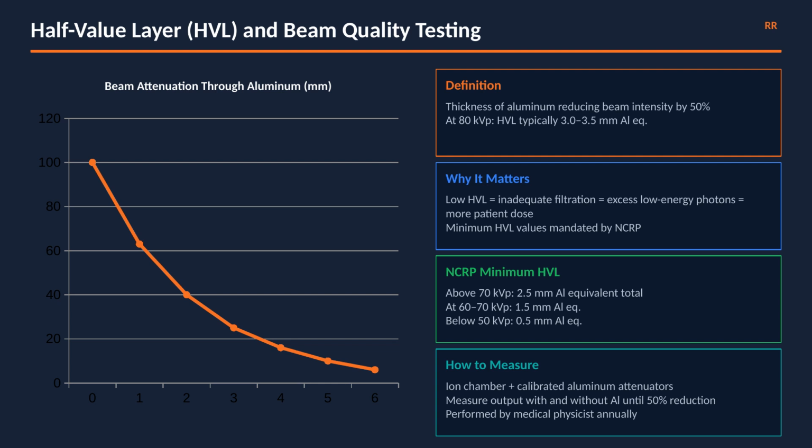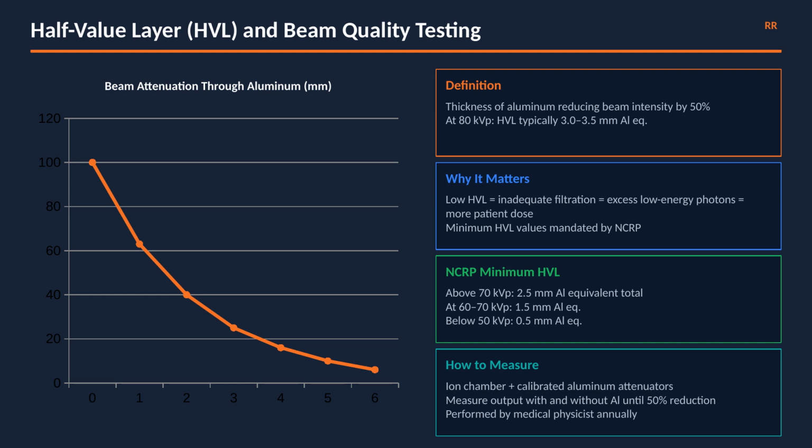Why HVL matters. Low HVL means inadequate filtration. Too many low-energy photons remaining in the beam, those photons are absorbed almost entirely in the patient's skin, adding dose without contributing to the image. The NCRP mandates minimum HVL values for every operating voltage range.